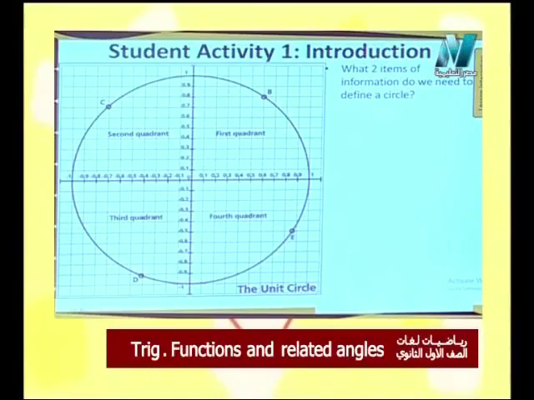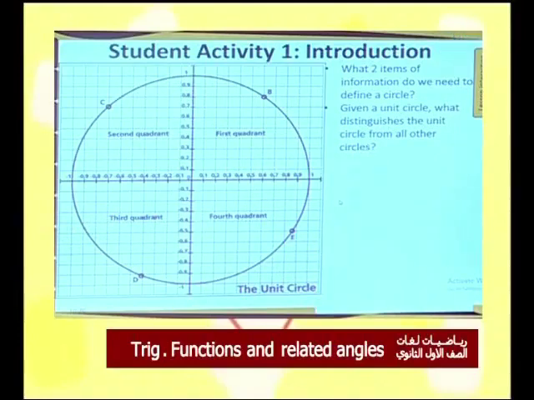And we have the origin point, which is O in the middle. It's 0 and 0. What information do we need to define a circle? We said before that its center is the origin point and its radius equals 1 unit. That gives a unit circle. What distinguishes the unit circle from all other circles?